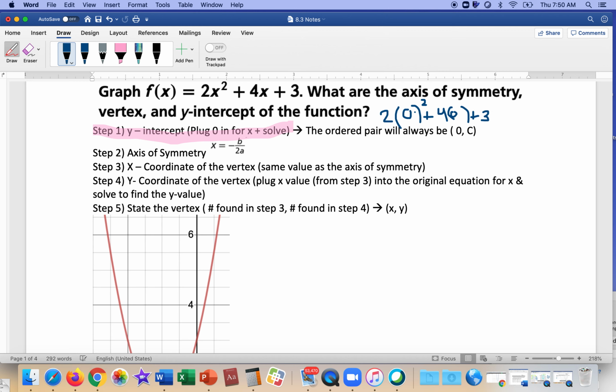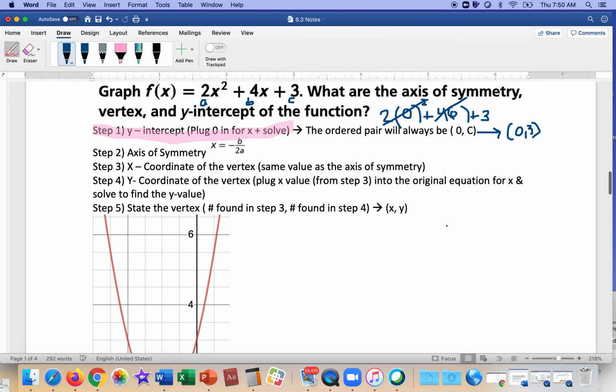And then when you simplify, 0 squared is 0, and 0 times 2 is 0, so that cancels. And 4 times 0 is 0, so you just end up with 3. So that's why we say 0, c, because 2 is a, positive 4 is b, and c is 3. So you can plug in, but you can save yourself a little time by just writing 0, comma, whatever the c value is. 0, comma, 3.